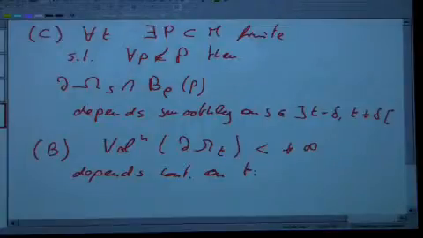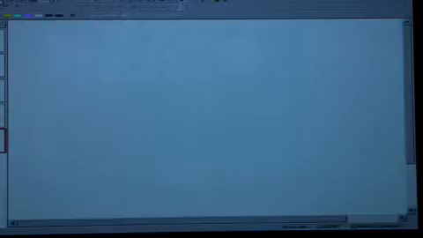Okay, now I'm all set, and what I'm going to do is set up the min-max problem, which eventually will lead to the existence of a non-trivial embedded minimal surface. So let us first define the min-max problem.